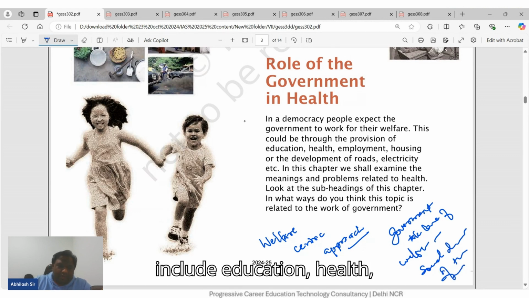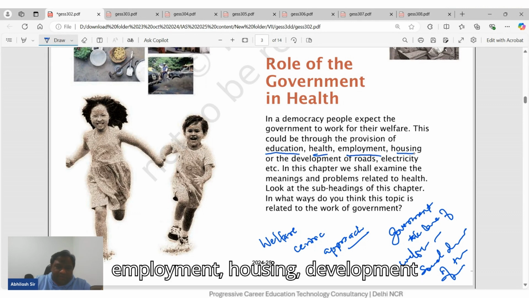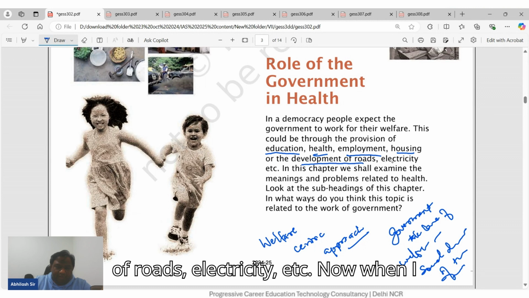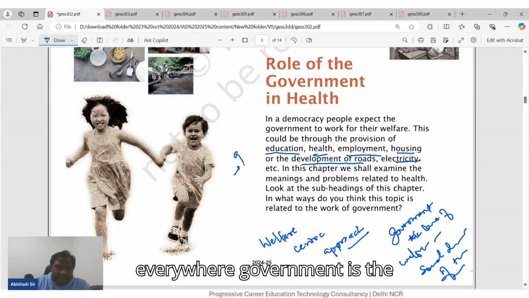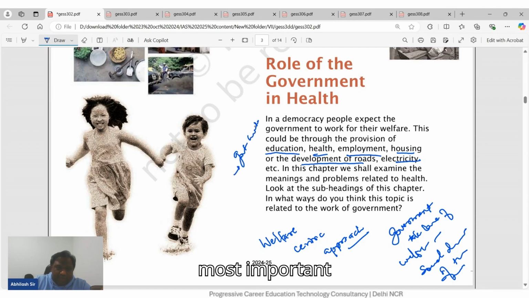Now, that would include education, health, employment, housing, development of roads, electricity, etc. Now, when I talk of this, you will also recall that everywhere government is the most important stakeholder, right?